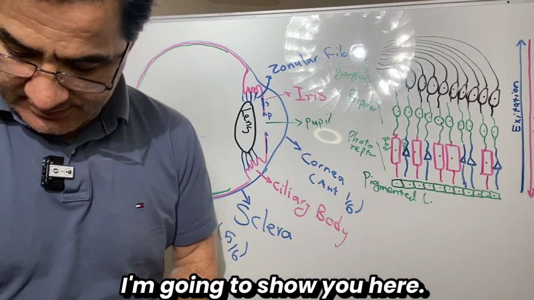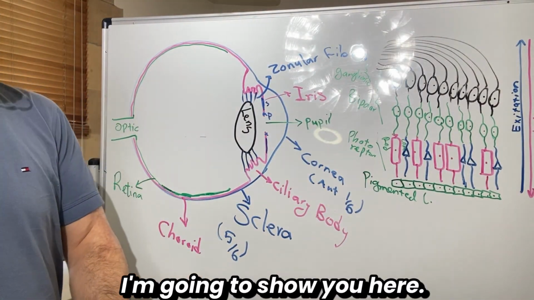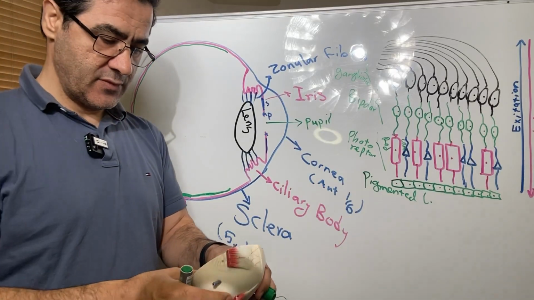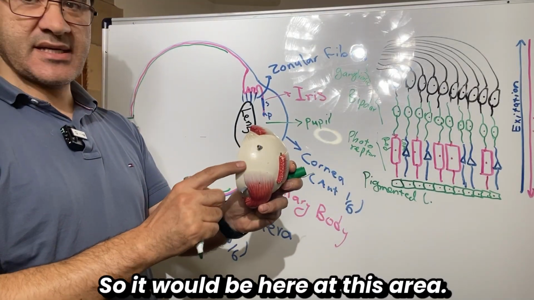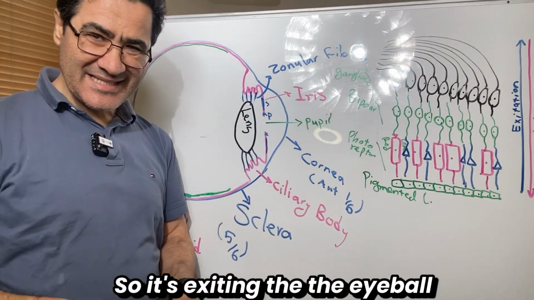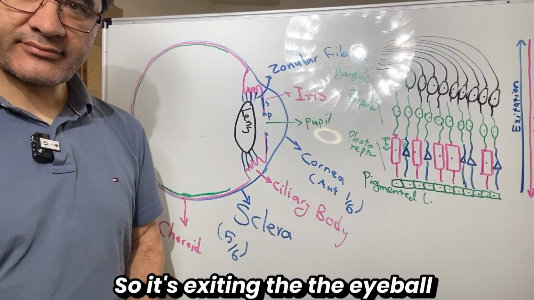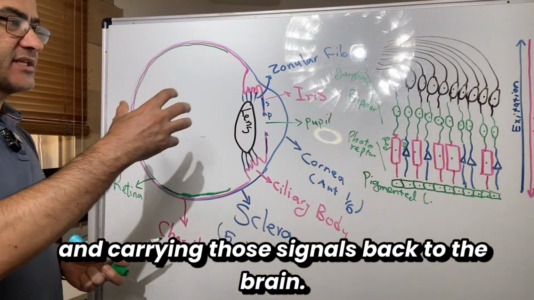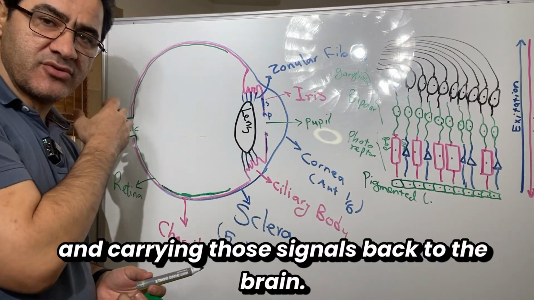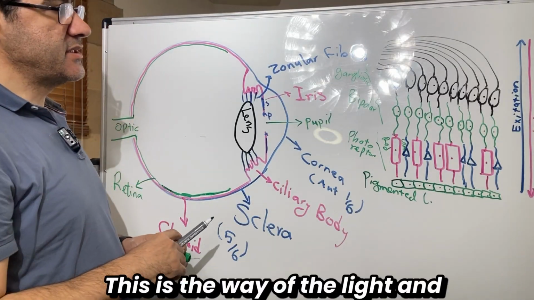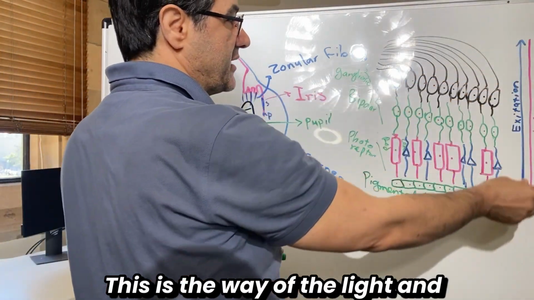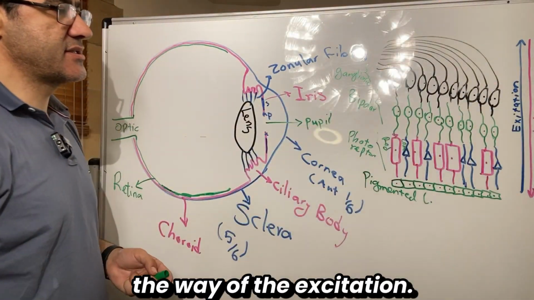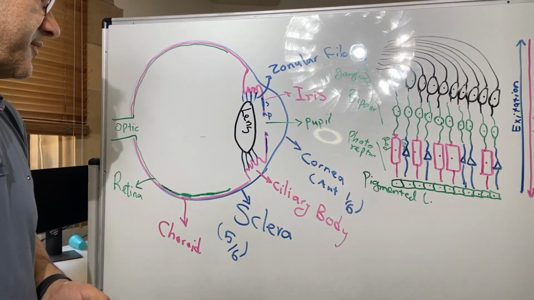I'm gonna show you here. So it would be at this area, exiting the eyeball and carrying those signals back to the brain. Yeah, this is the way of the light and the way of the excitation. They are opposite to each other.